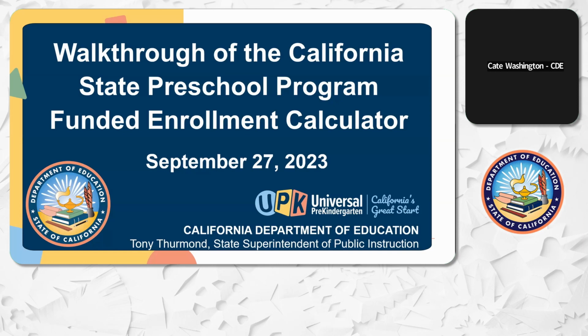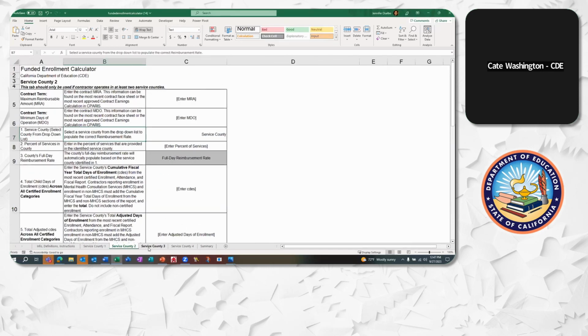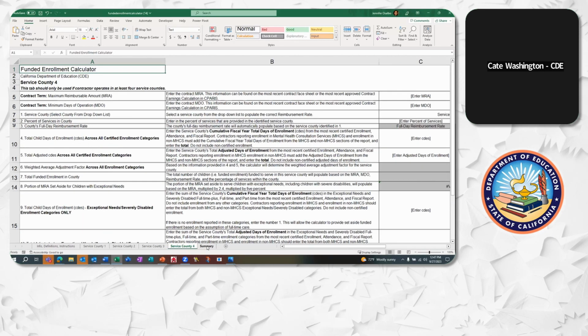First, let's discuss the structure of the calculator. You will find 6 tabs: the Info, Definitions, and Instructions tab, Service County 1, 2, 3, and 4, and finally, the Summary tab.